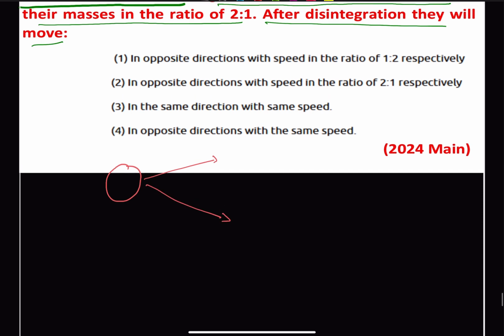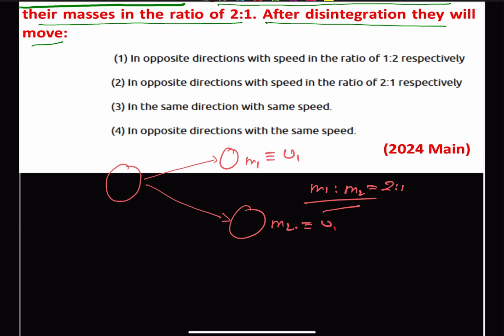Suppose one has a mass of m1 and the other has a mass of m2. The ratio m1 to m2 is 2:1. Suppose m1 is moving with velocity v1 and m2 with velocity v2, and the bigger one, which has a mass of capital M, has initial velocity 0 because it is at rest.